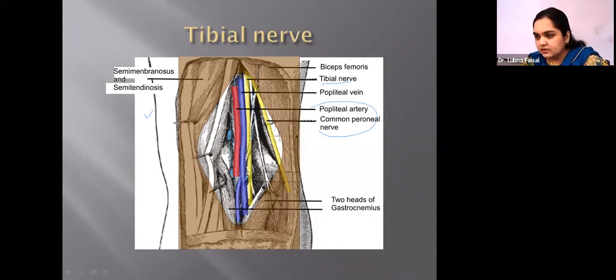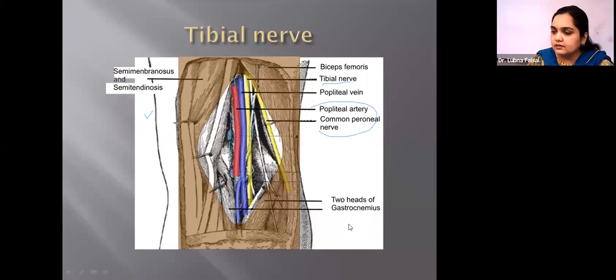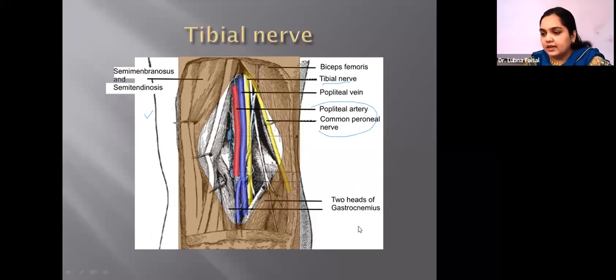This tibial nerve then goes down and supplies important muscles of the posterior compartment. It passes between the two heads of the gastrocnemius muscle. In between, here is the medial head of the gastrocnemius, and this is the lateral head.